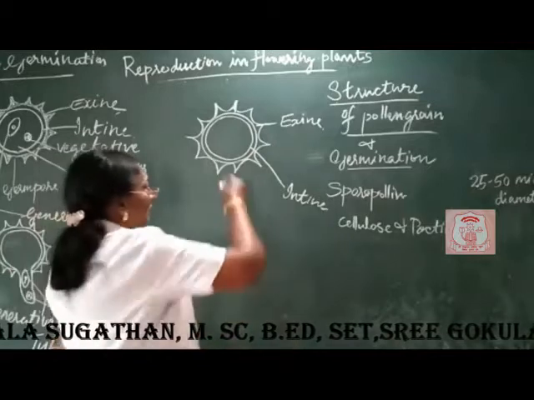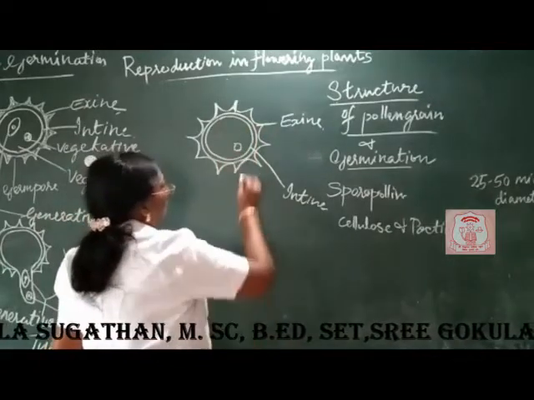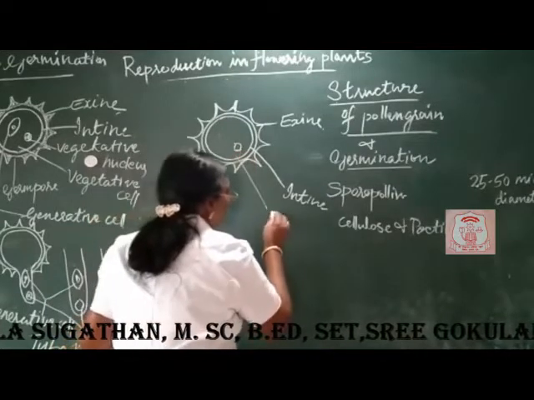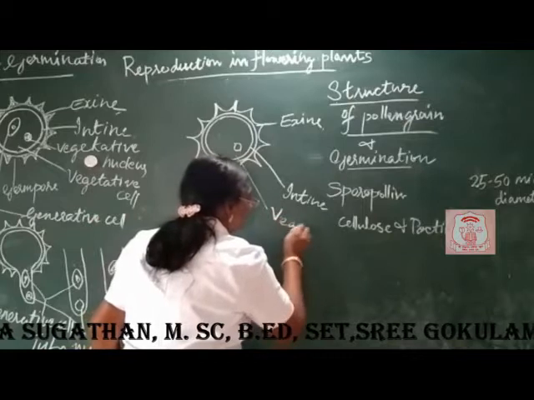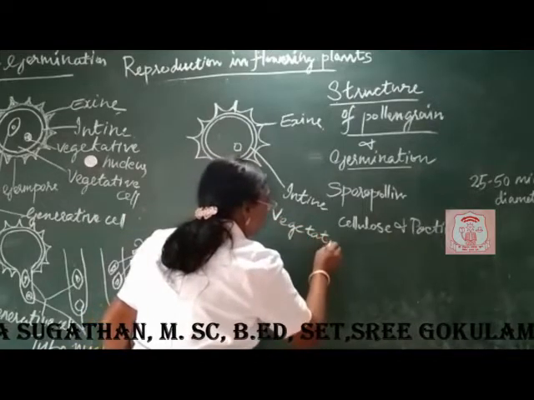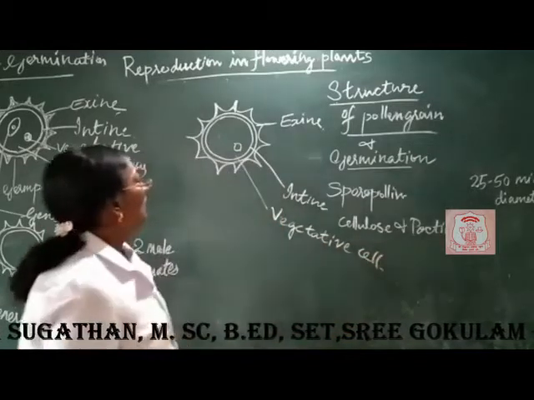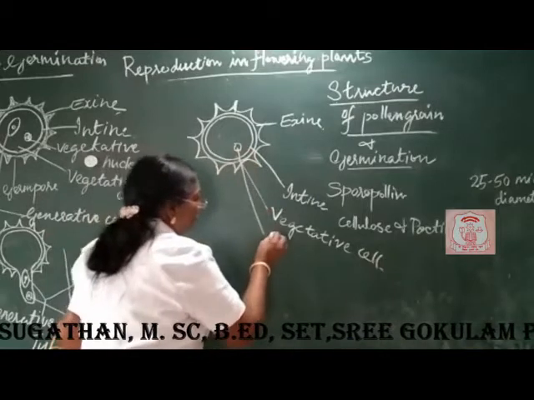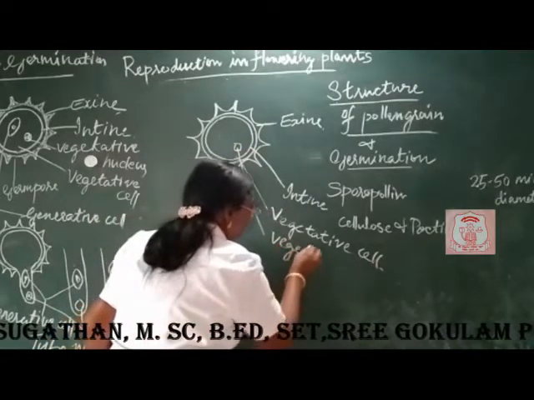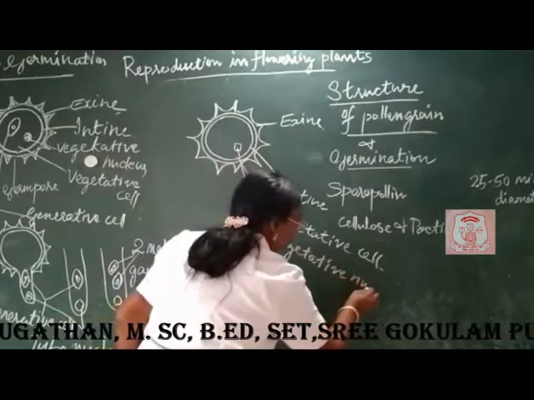The 2 cells are, one is this large cell called the vegetative cell. And it has a nucleus called the vegetative nucleus.